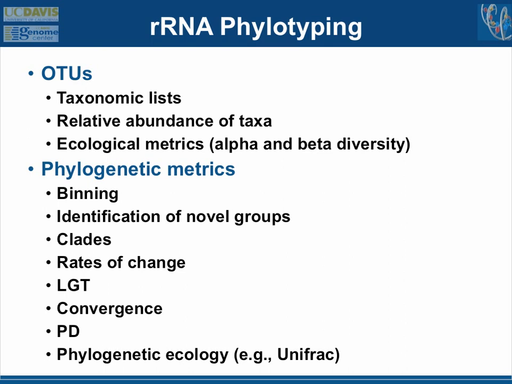So why do we do phylotyping? Well, for a long time, we've been interested in trying to characterize the microbial world around us. And just like with the bird field guide, we would like to have a list of organisms from a particular environment. We would like to know relative abundance of those organisms, some ecological metric, the diversity of different kinds of organisms in an environment. We would like to use phylogeny to characterize the organisms in that environment.